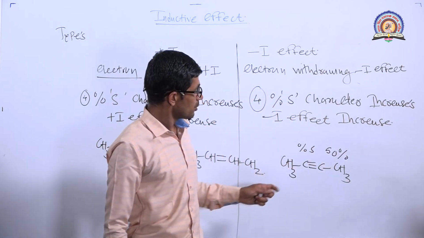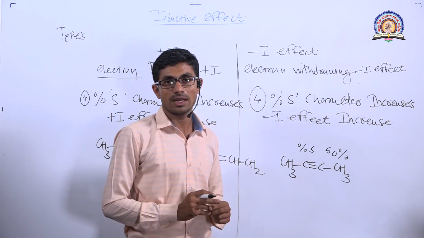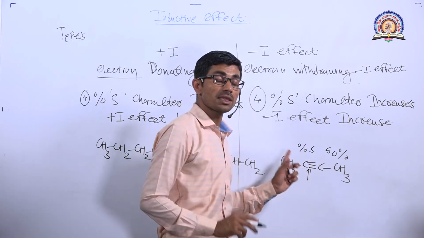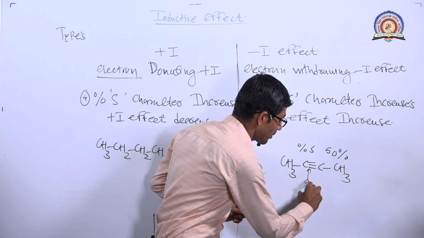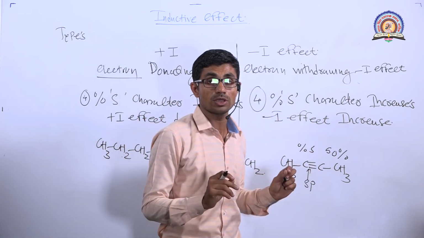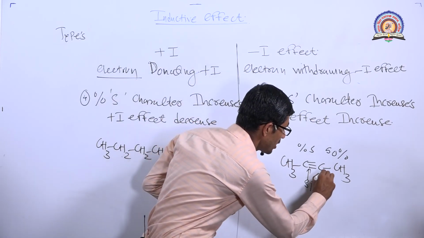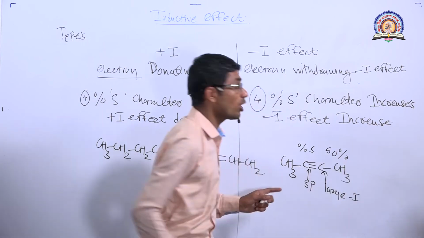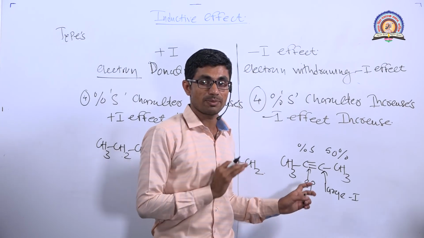Okay, so in the alkyne molecule we can observe a large minus I effect. A large minus I effect means this carbon is sp hybridized. So this carbon shows the large minus I effect because of its percentage of s character.